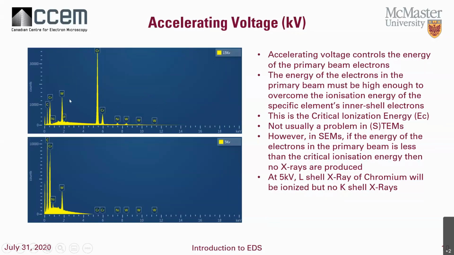So at 15 kV, the primary beam electrons have high enough energy, and you can see the energy of the X-rays produced here. So we have enough energy, and so we're getting all these X-rays produced. However, if we drop down to 5 kV, you can see here that we don't actually get any peaks. And you can also see it has an effect on the background radiation, that we're only getting 5 kV of background radiation.